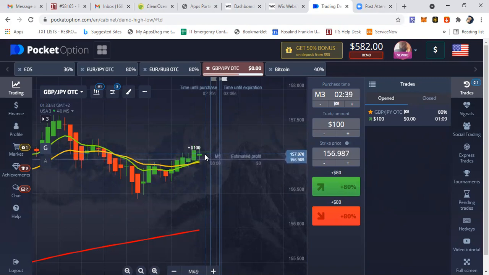GBP JPY is going crazy and it doesn't know what it wants to do, right? See, anything's possible. But you've seen how the other trades, everything went in our direction. I'm gonna show you the good, the bad, the ugly, and the great, right?